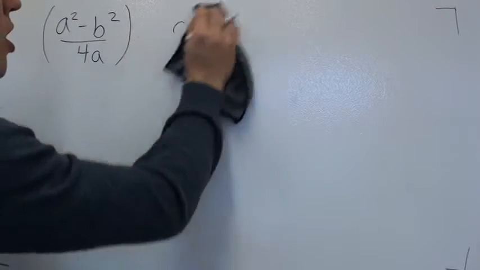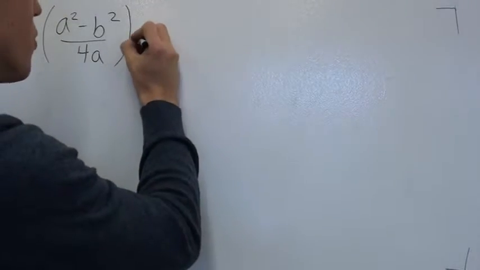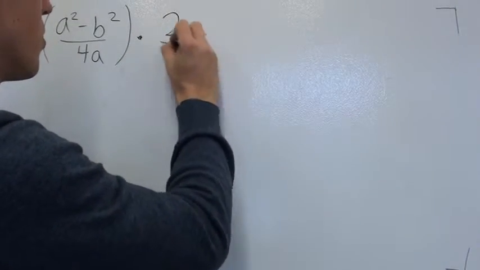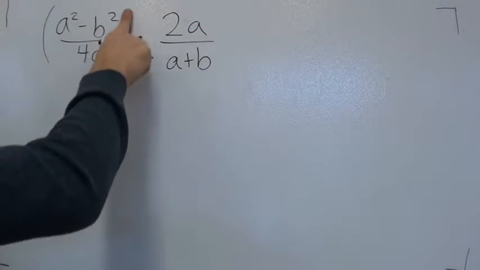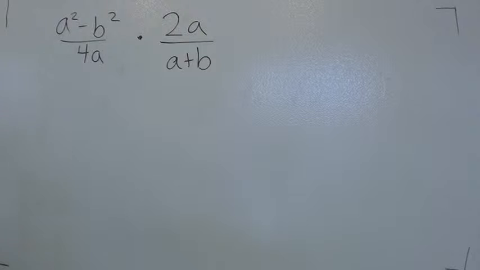Flip that around, 2a over a plus b. Alright, don't need those anymore. So, that right there, that alone probably made the problem a whole lot easier.